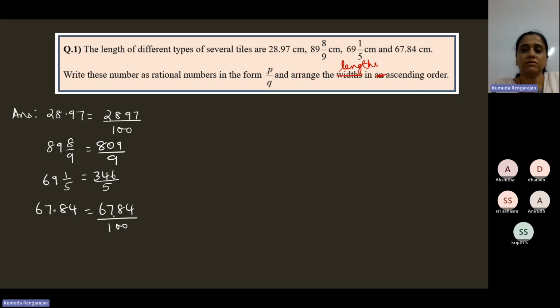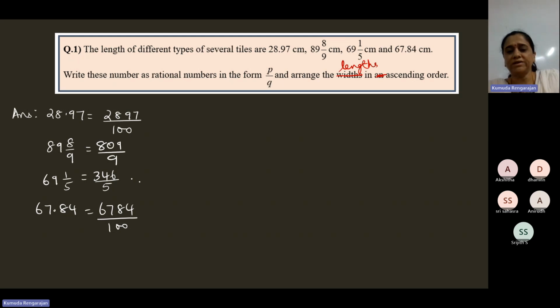Because the largest denominator is 100, just say the tables of 100: 100, then 200. 200 will come in 5 tables, but not 9 tables. Then 300, no. 400, no. 500, no. 600, is 600 divisible by 9? No. 700? No. 800? No.